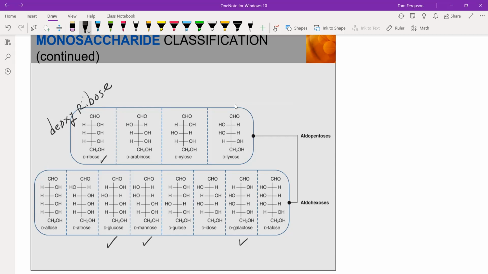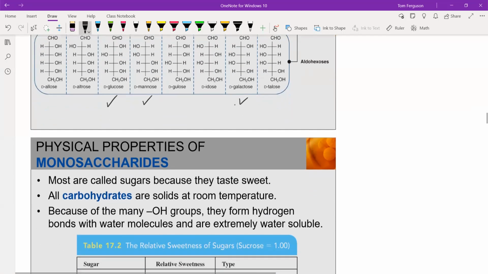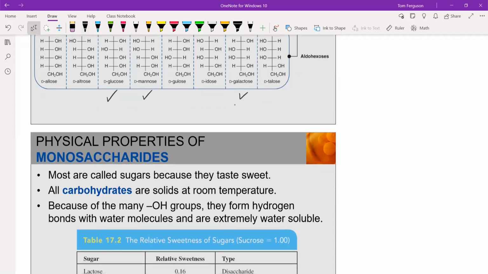Deoxyribose means it's missing 1 hydroxyl group. That'll be over here. Okay, so the monosaccharides you need to know are these 4. Actually 5 to count them. But if you know ribose, deoxyribose is easy.